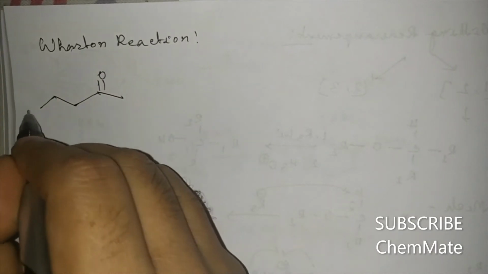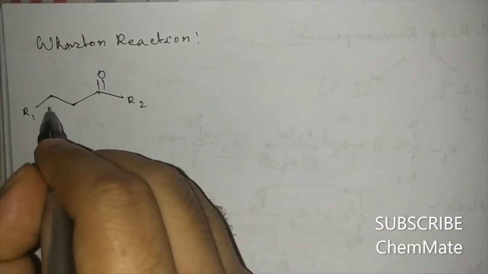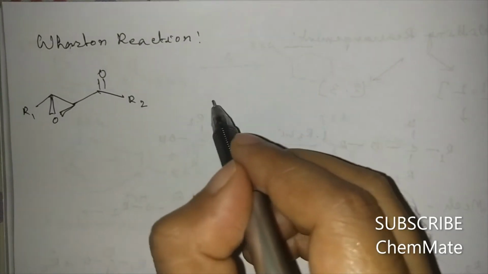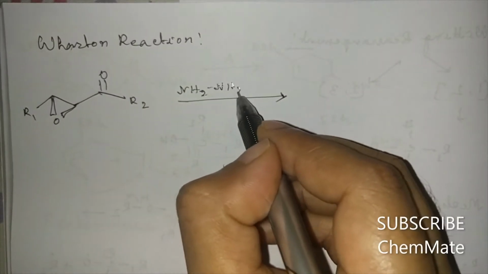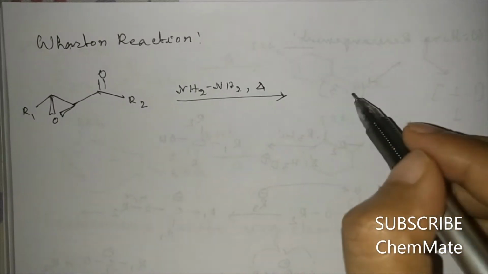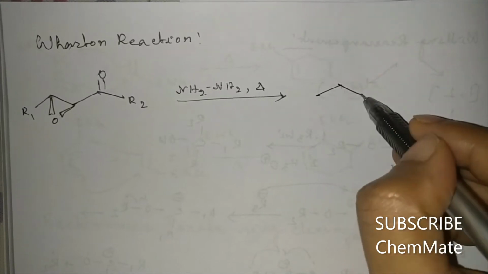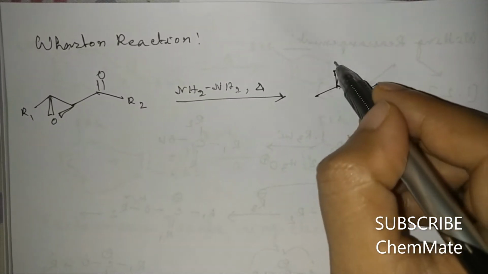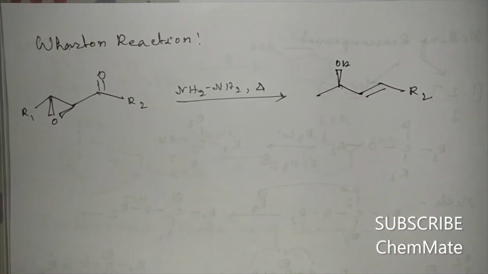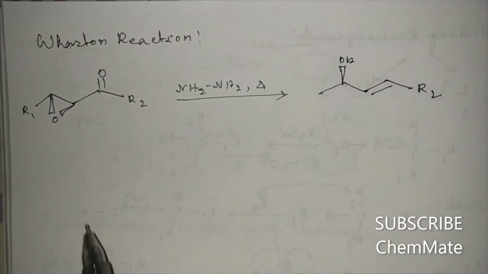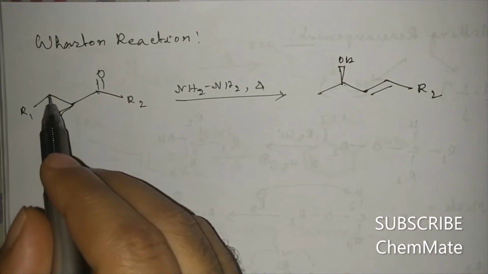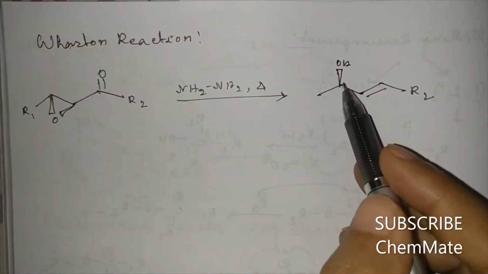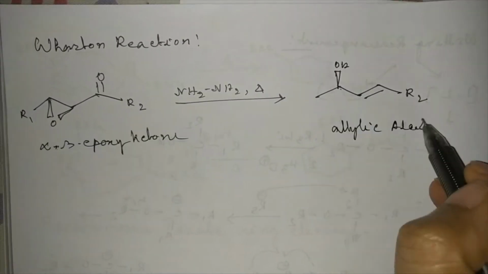Let's say this is an alpha beta epoxy ketone which, when heated with hydrazine, will be converted into an allylic alcohol like this. This is the general reaction. Here, as the epoxy group is above the plane, the OH group is above the plane.